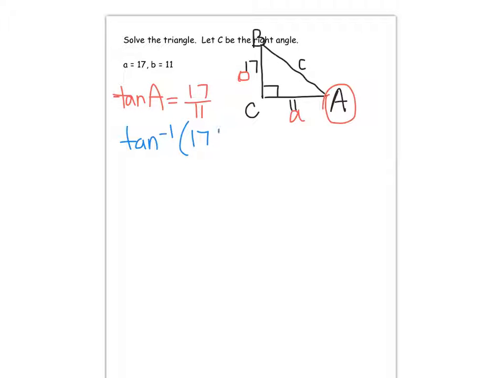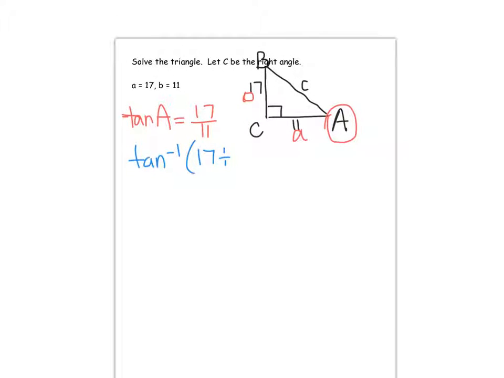And then you do 17 divided by 11, and you get your angle. So angle A is 57.095 degrees.